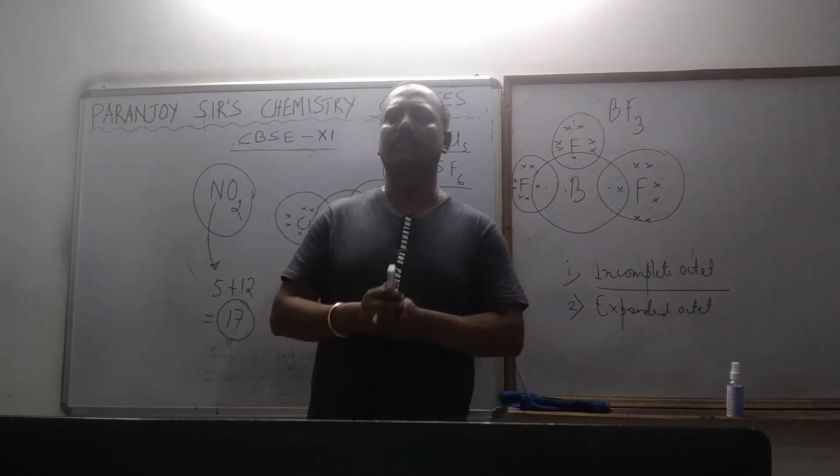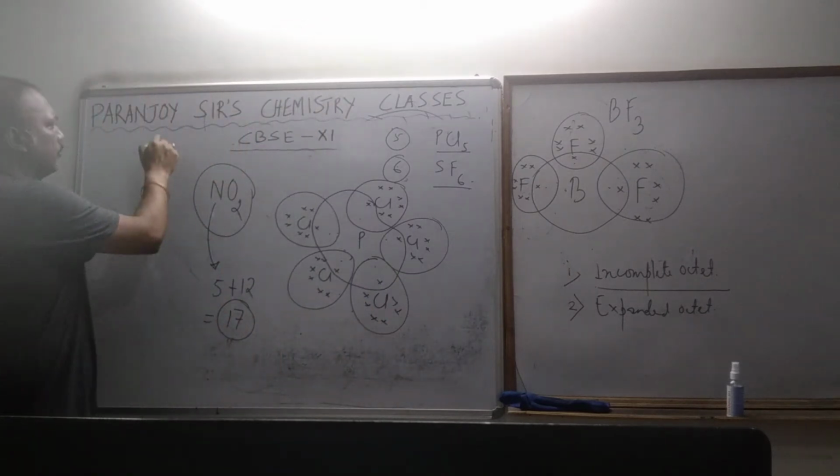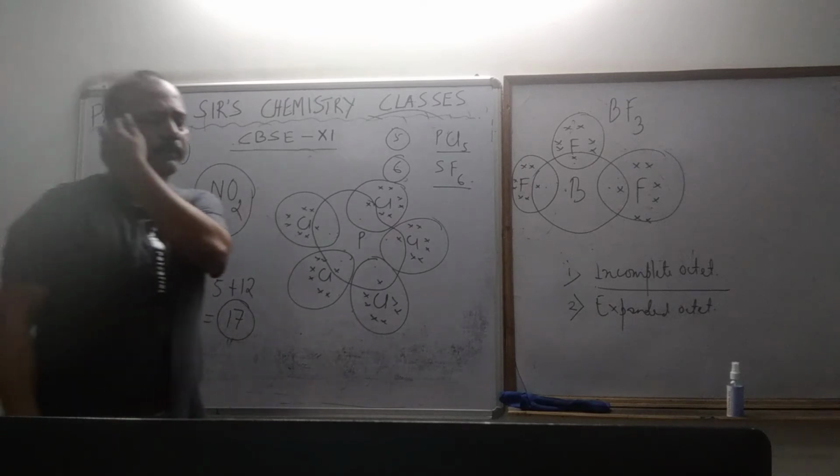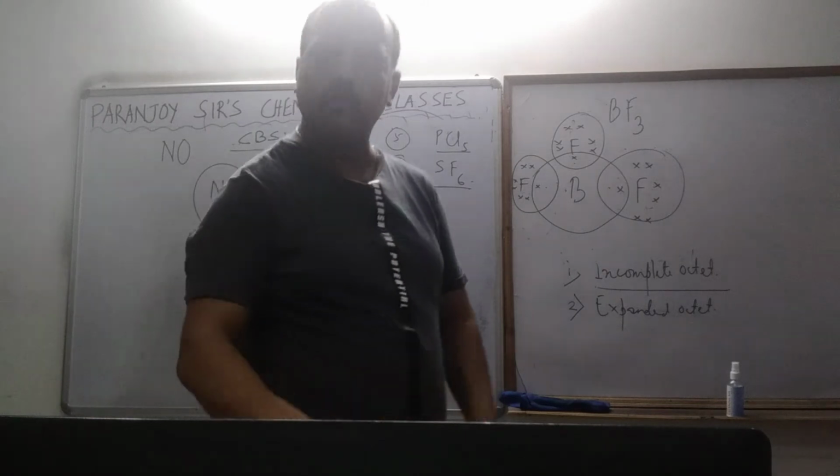That's the third limitation. For example, suppose I tell you to draw NO, that is nitrogen monoxide. We know that nitrogen monoxide exists.